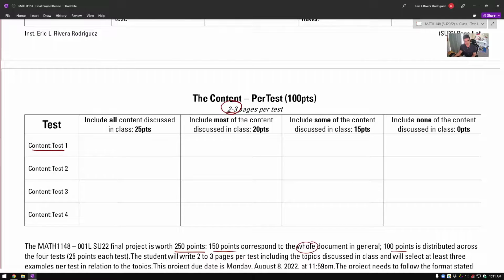Again, 2 to 3 pages. You don't need to write too much for test number 1 because I have written everything there. Everything needed is written there. The only thing that you will do is maybe edit some wording, maybe use your own words on the project, but that's all.